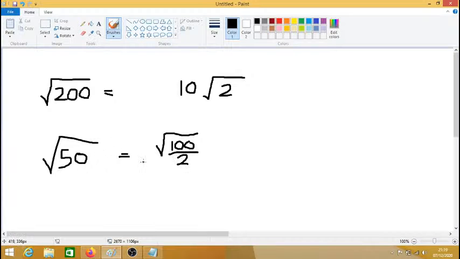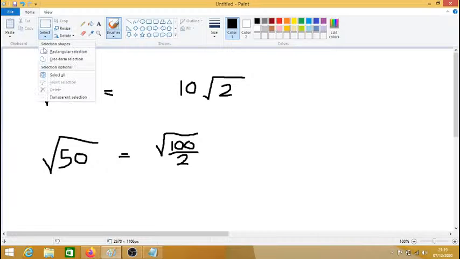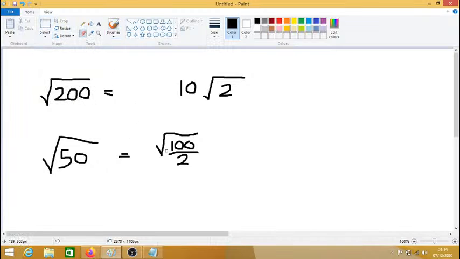So square root of 50 would be the same as 100 divided by 2 square rooted. Let me make sure the square root is over all of it. So I've just rewritten the 50 as 100 divided by 2. And then you can split that, so you've got the square root on each bit.